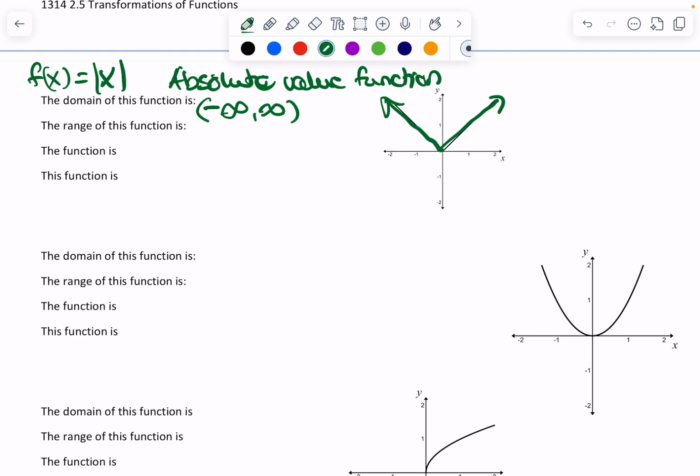The x values keep going and going. The range of this function: y values start at 0, 0 is included, and it goes all the way to infinity.